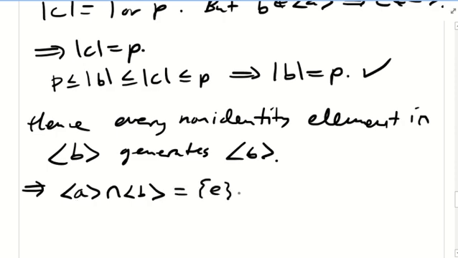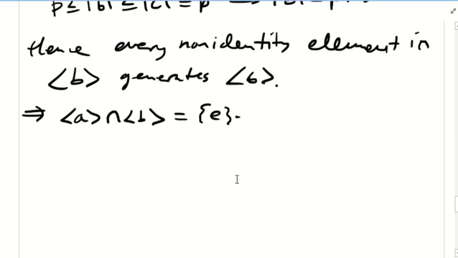Else we would have a non-identity element in A and B that generates the subgroup generated by B. In other words, B would be a power of A again. So we know that that can't be true. So that's pretty cool.